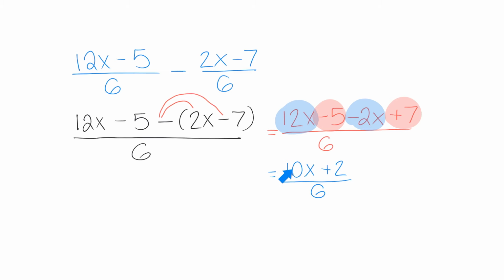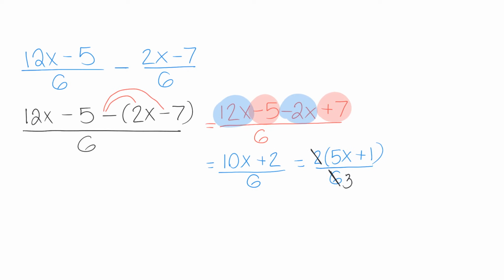Is there something that we can factor out here? We can factor out a 2. Factor out your 2. You're left with 5x plus 1 over 6. This 2 will cancel with a 6, leaving you a 3. So then your final answer is going to be 5x plus 1 over 3.